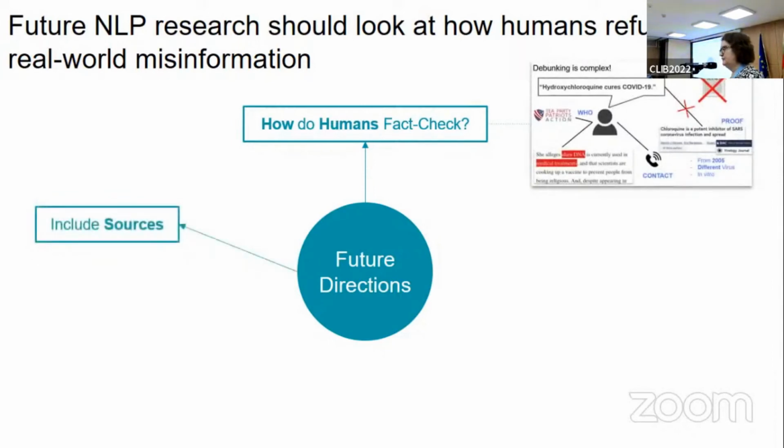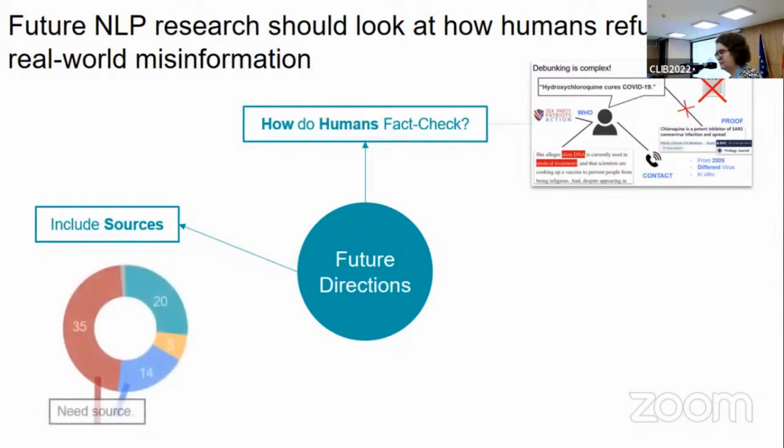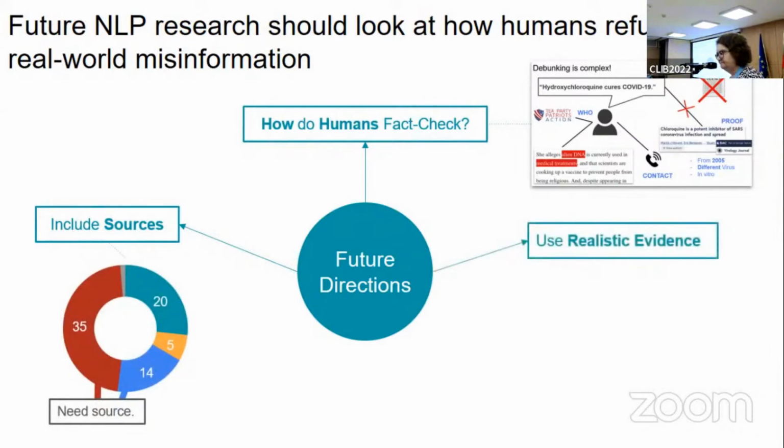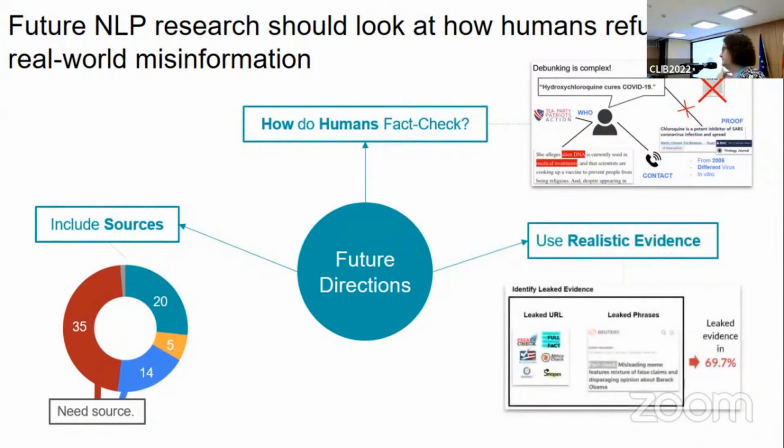So we need to include sources in the data sets, because sources, as you have seen, are really at the heart of human fact checking. They're really important. And many of the examples in the data sets need sources in order to be debunked. And finally, we should use realistic evidence in our data sets, because many of the data sets, I have not elaborated that case study in greater detail, contain a significant number of leaked evidence.